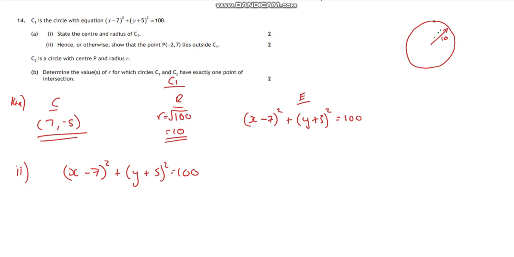In the same way, if this side is bigger than 100, it's going to be outside. So all we're going to do is substitute in our value.